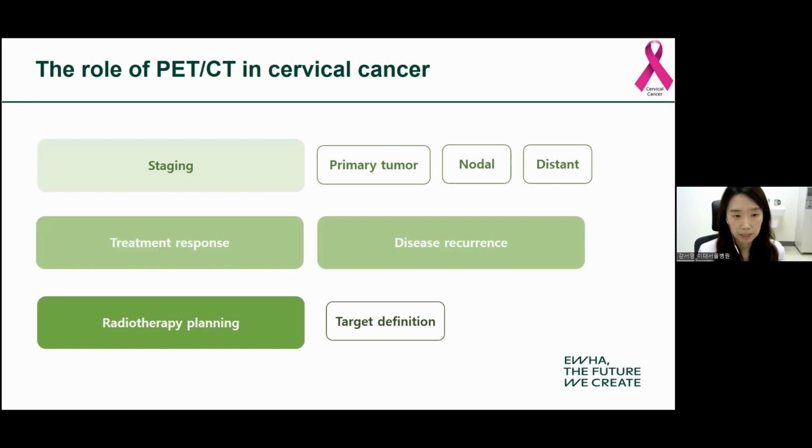So we can evaluate the staging and treatment response. And also in cervical cancer, the main treatment option is radiotherapy. So sometimes FDG PET-CT is useful for targeting lesions in radiotherapy planning.